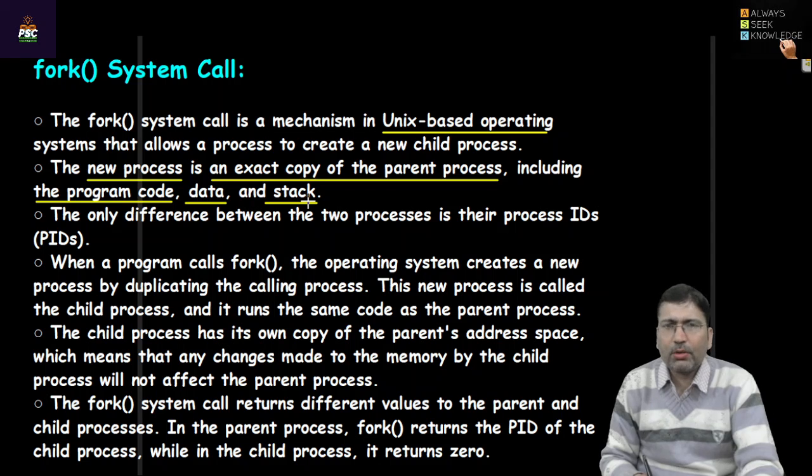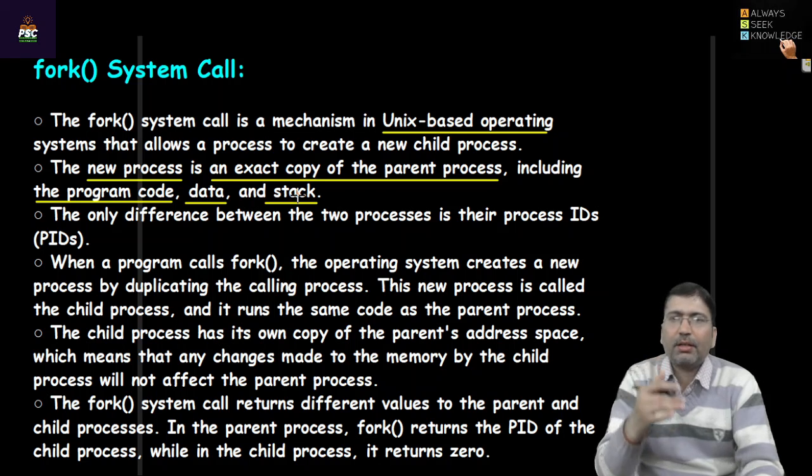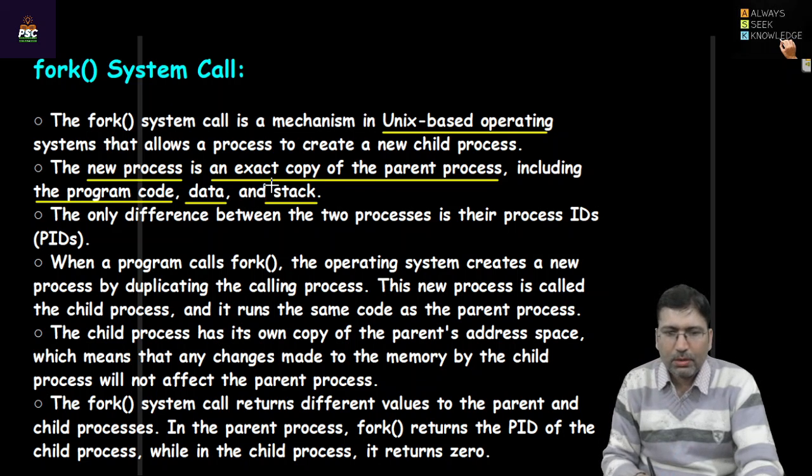And stack is also there: when we generate a function call inside the primary memory, the stack starts growing, so every process contains a stack also. So all these three things will be copied to the child. The only difference is your child will have a different process ID, different from the parent. The rest of these three things will be copied to the child.